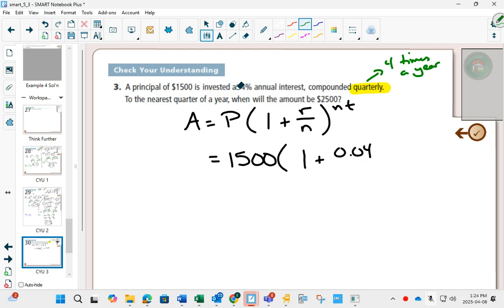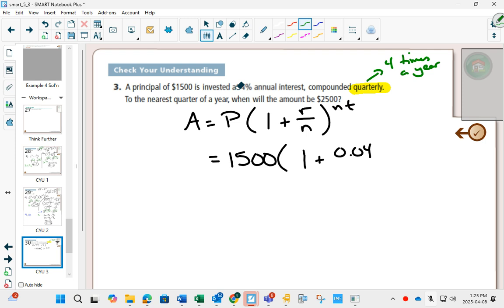And then when you buy your own mortgage, sometime you might, or when you have your own job, some jobs pay weekly, some pay bi-weekly, every 2 weeks, some pay semi-monthly, twice a month. So if they said that you're being paid bi-weekly, how many times would you get paid in a year? Do you know how many weeks are in a year? 52. So if you were paid every 2 weeks, you'd be paid 26 times in a year.